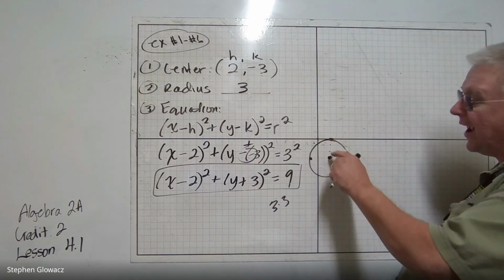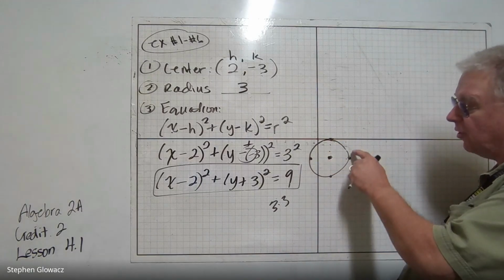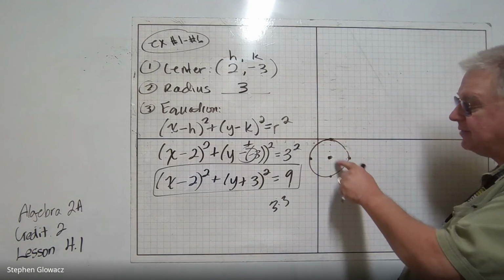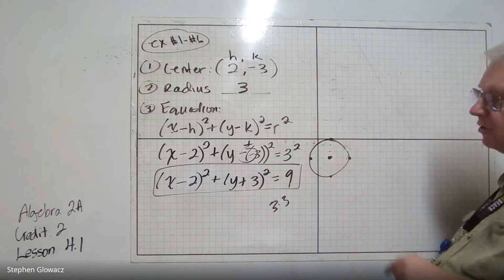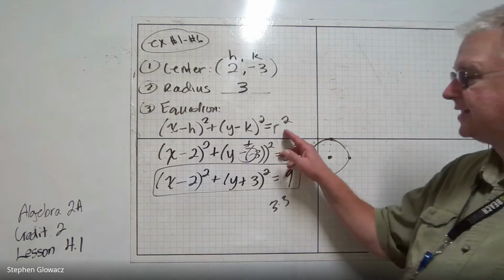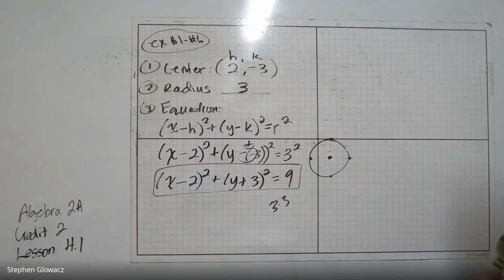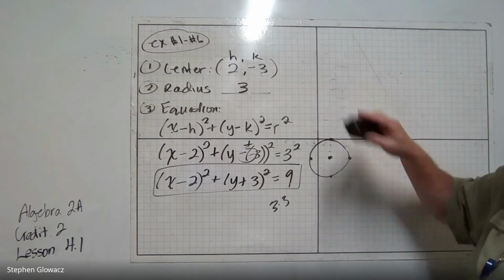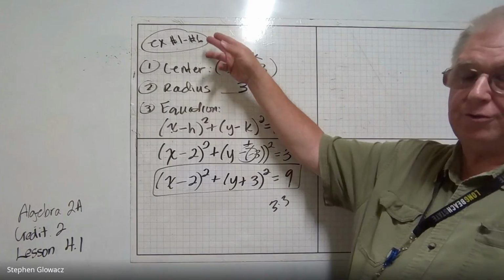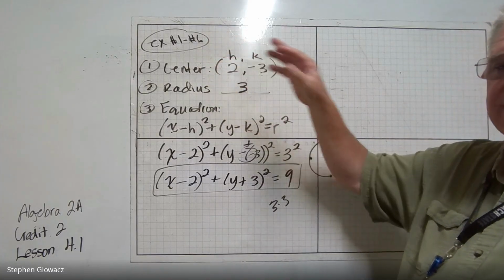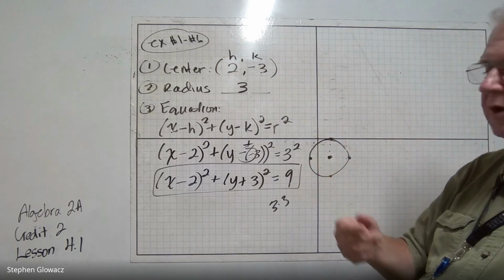A figure where every point on that figure is the same distance from the center of the circle. So it makes sense that we would have a variation of the distance formula for the equation of a circle. All right, so again, these will help you with problems 1, 2, and 3, and then 4, 5, and 6 is kind of the same thing as 1, 2, and 3.